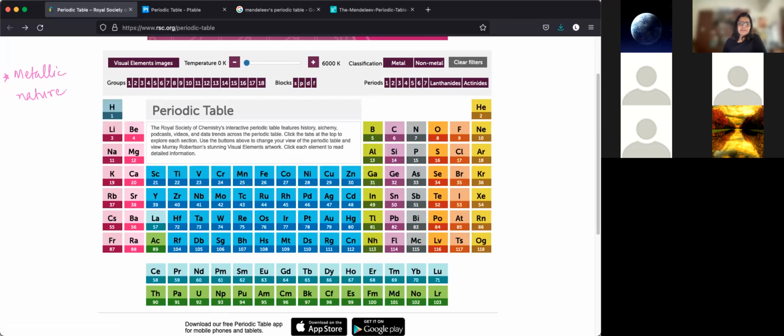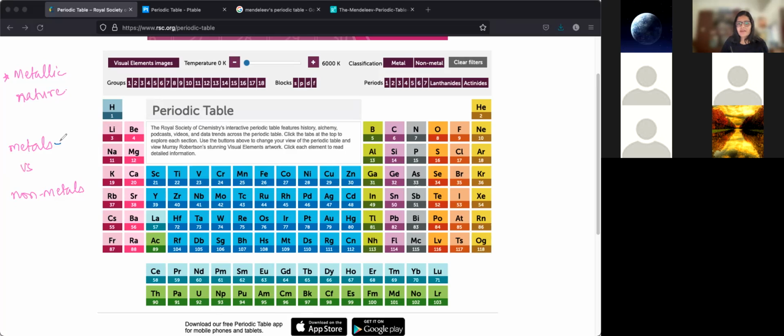Before we get to group and period, how do you differentiate metals and non-metals? Metals give out electrons. They form positive ions and non-metals form negative ions. Excellent answer. Very good, both of you.